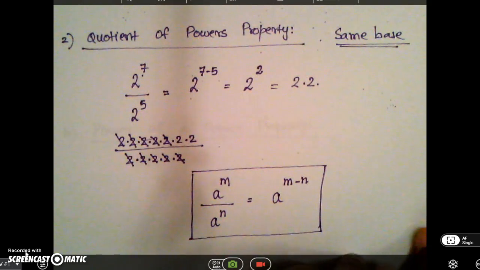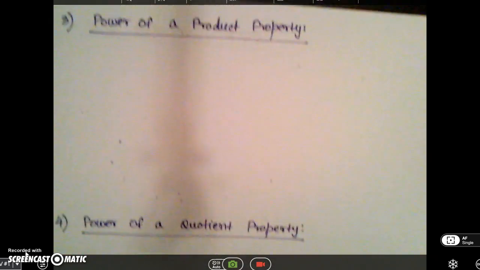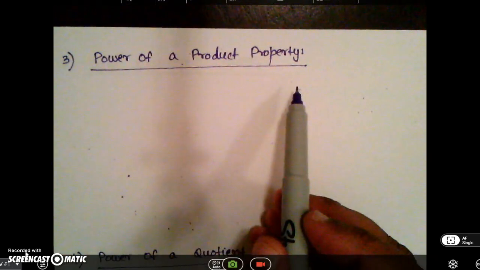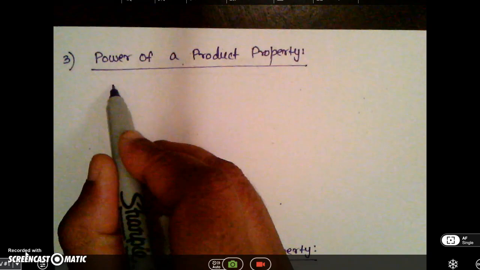The next rule that we are going to look at is the power of a product property. Earlier we saw product of powers, now it is power of a product, meaning I have a product.